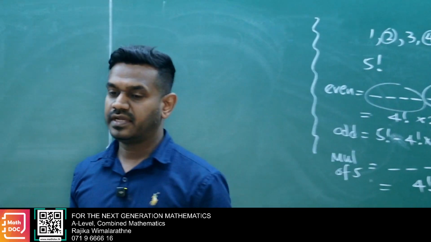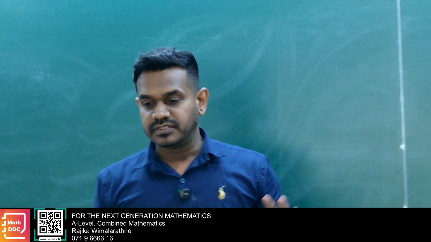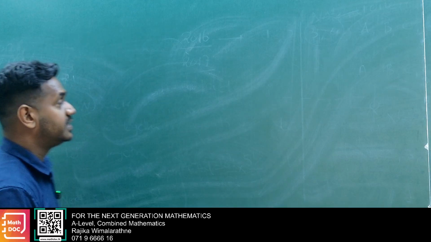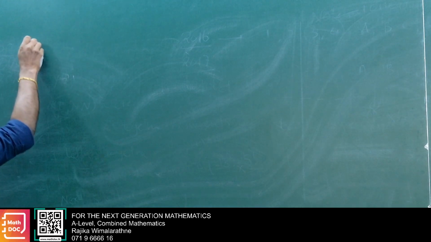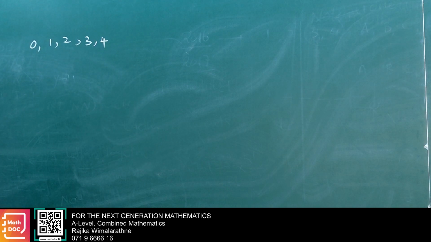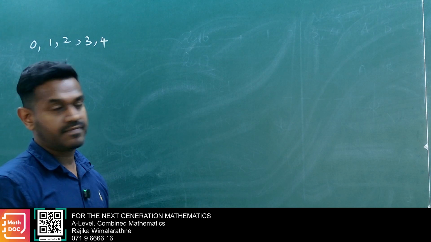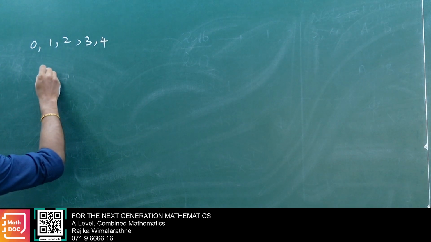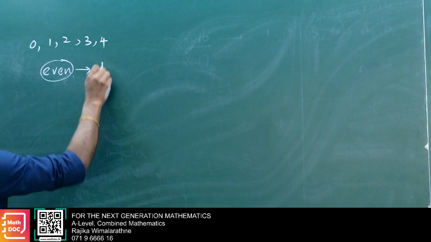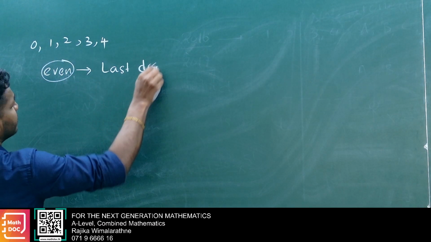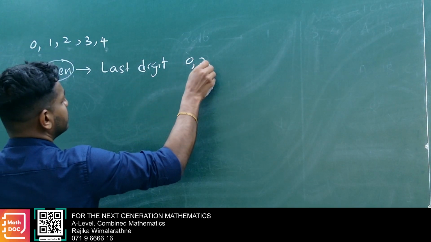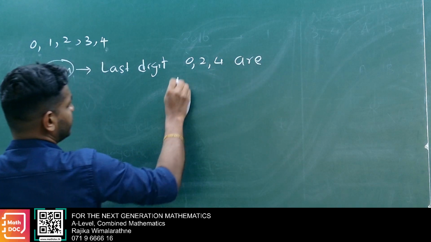Okay, now let's analyze it properly. When making a number, 0 can't be put at the beginning. Here 0 1 2 3 4, we have 5 digits. Now for even numbers, the last digit 0, 2, 4 are possible, no?